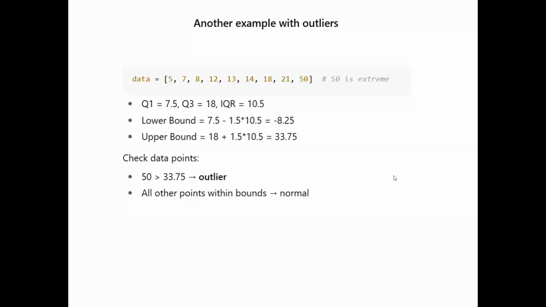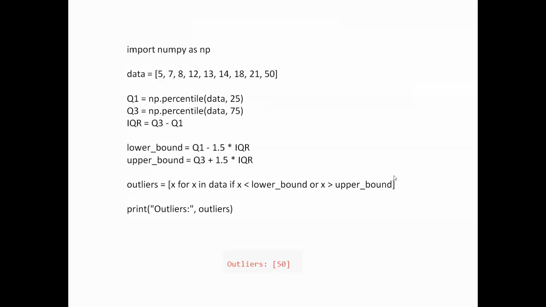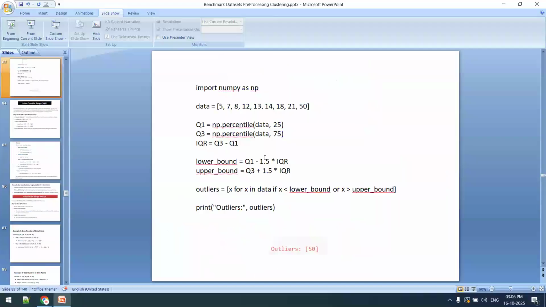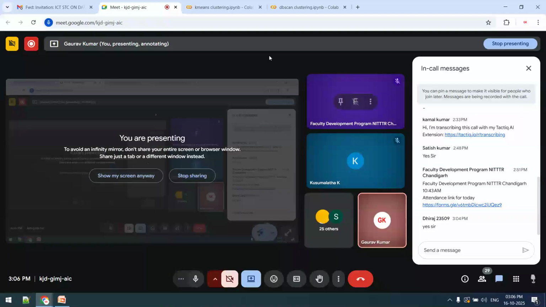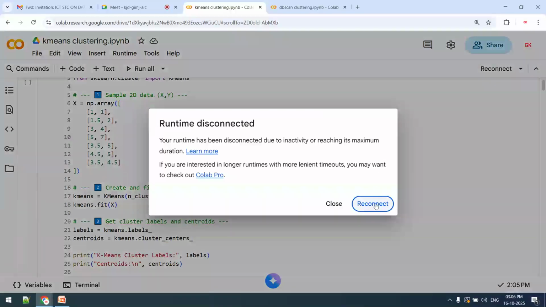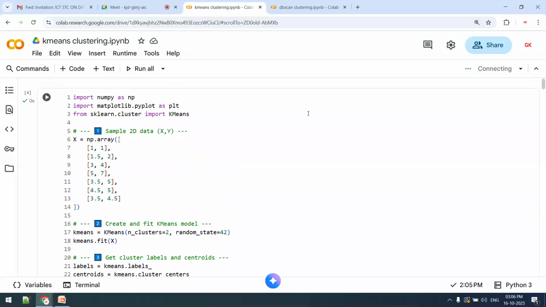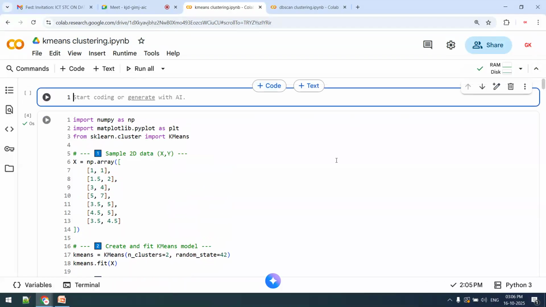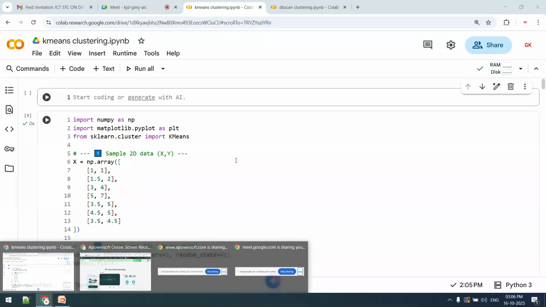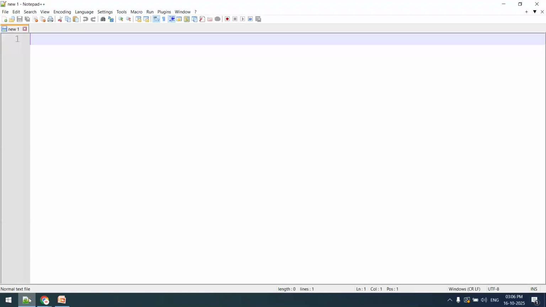Now we will come to our algorithm. This is the code to find out the bounds. For example, I'm opening a Google Colab notebook, and in this I will show you how to find out this anomaly, how to find out the bounds.